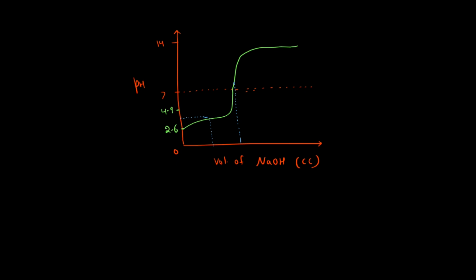Okay, so our 4.9 will be here. This will represent 4.9 pH, this point. So at this pH, half of our propionic acid has been converted into propionate, and this is the equivalence point, and this equivalence point will be at pH greater than 7.